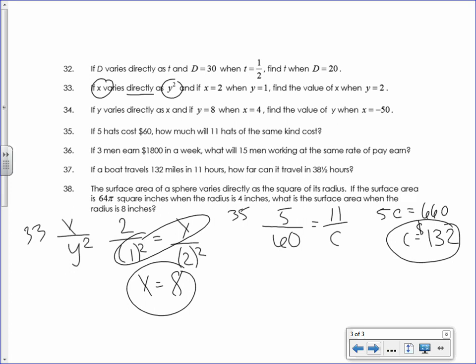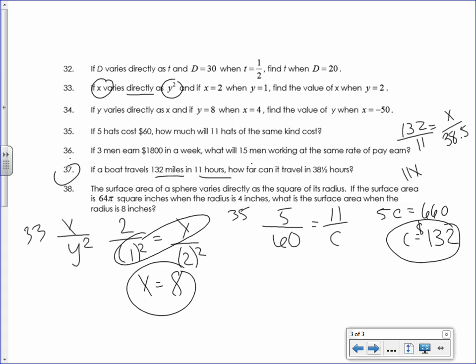All right. And last one, 37. Again, doesn't use the word direct, but if I look, it's relating miles and hours, and I want to know how far, so that's going to be miles and hours. So I've got 132 miles in 11 hours, and I want to know how far I can go in 38.5 hours.